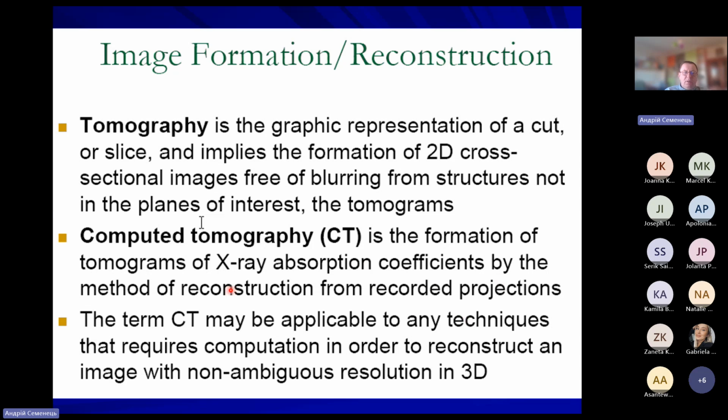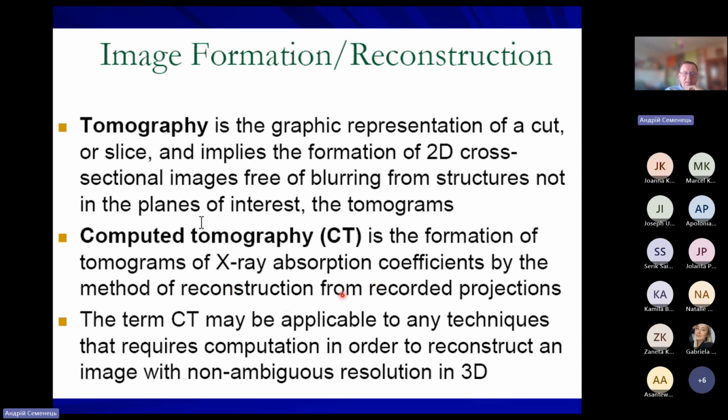So generally, how to understand what tomography itself is. Tomography implies formation of a two-dimensional cross-section image free of blurring from structures not in the plane of interest. And computer tomography, of course, is the formation of a tomograph of X-ray absorption coefficient by methods of reconstruction from recorded projections.